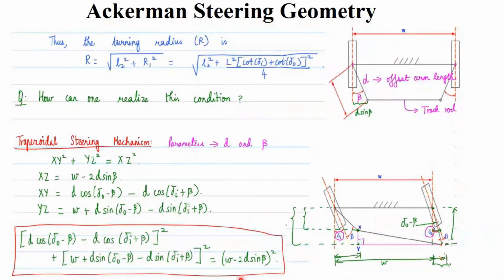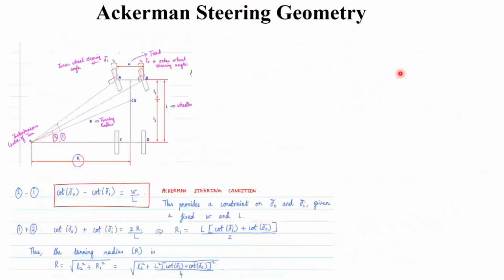Okay, and what we are going to do here is form a trapezoid like this, and see what the governing conditions are that it should satisfy, such that we can design the steering system which will satisfy all the requirements of the steering system.